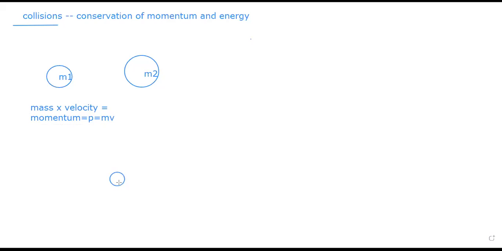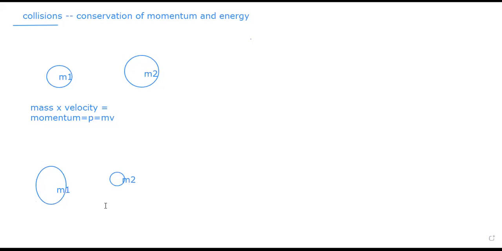We keep the coin on the board at one point. Sorry, I'll represent this mass with M2. And we will take a striker. That striker is somewhat larger than the coin, so I will denote the mass of the striker with M1.